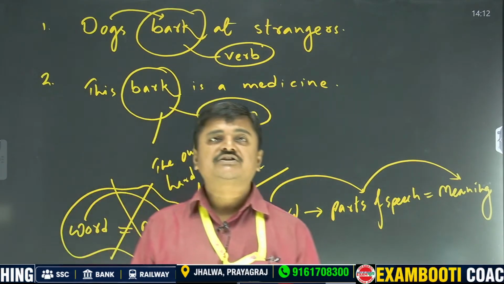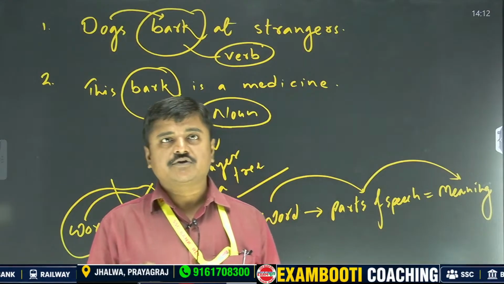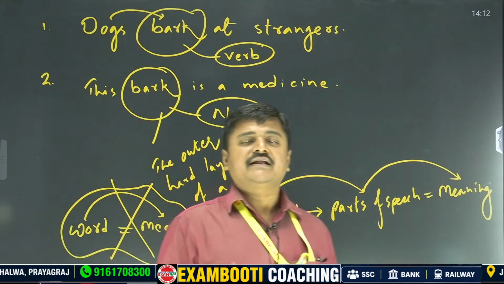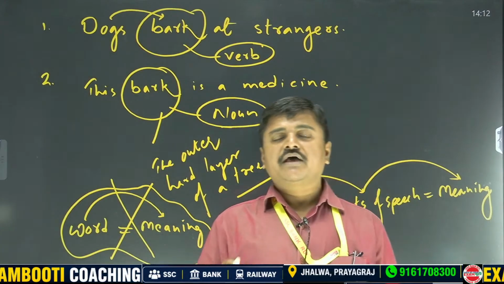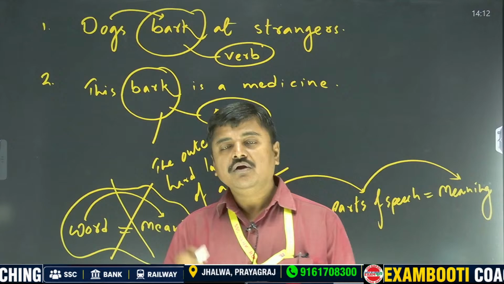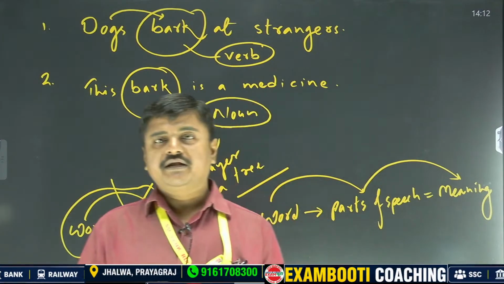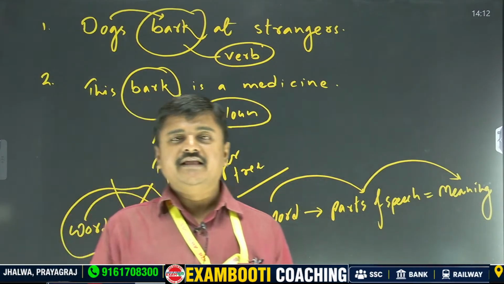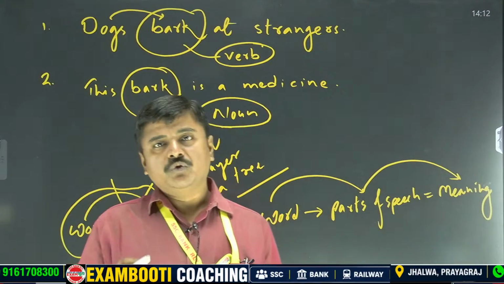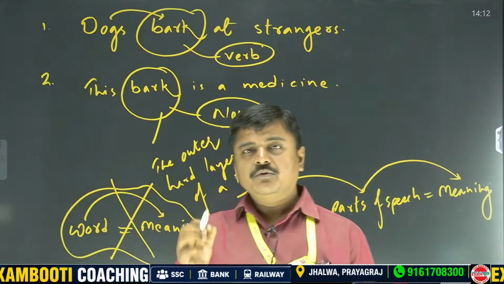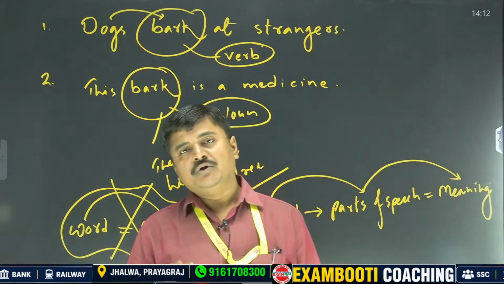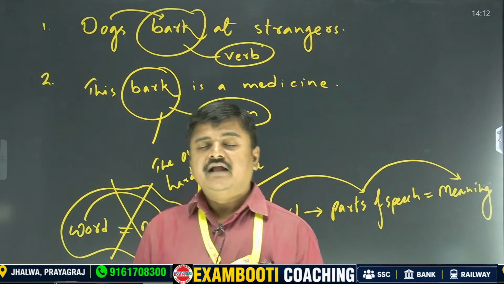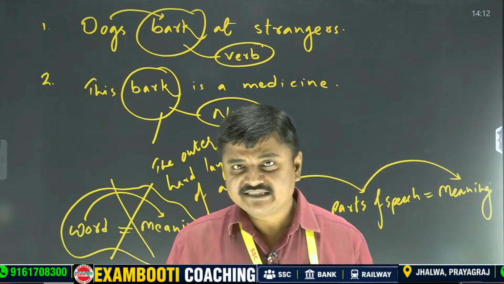This is actually the real process of understanding a word and its meaning as well. As long as you are doing this, you are able to understand the meaning of a particular word in a particular sentence correctly. Otherwise, you know each and every word in a particular sentence, even then you are not able to know its correct meaning, and that's where you make a mistake.